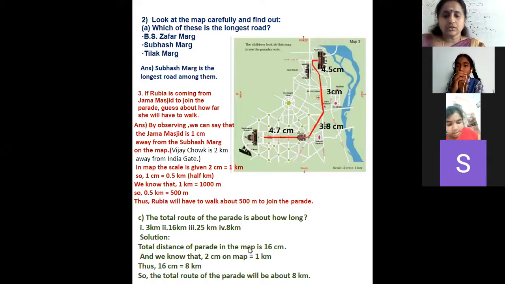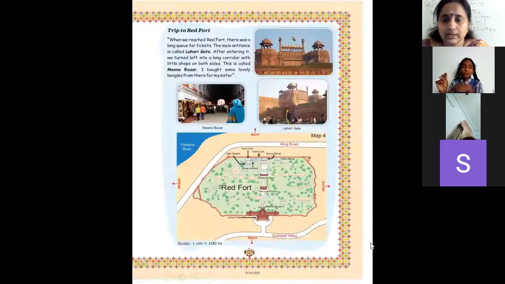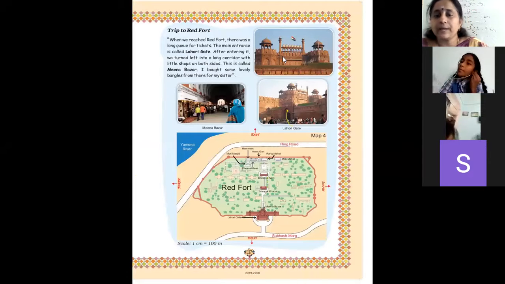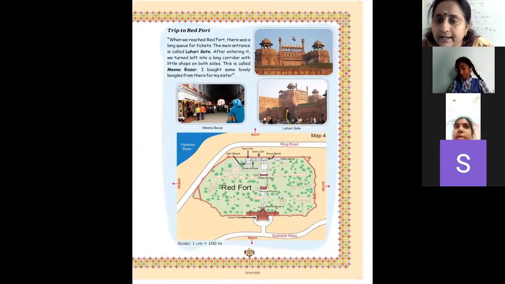So the total route of the parade will be about 8 kilometers. Now look at the next one. Trip to Red Fort. When we reached Red Fort, there was a long queue for tickets. The main entrance is called Lohari Gate.